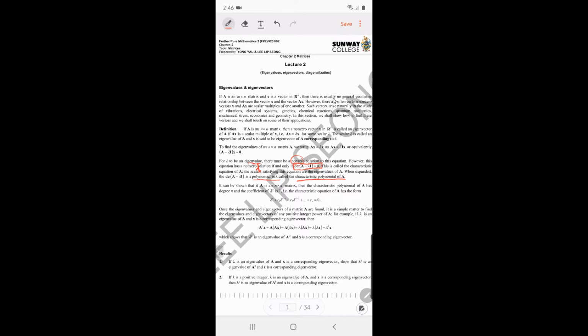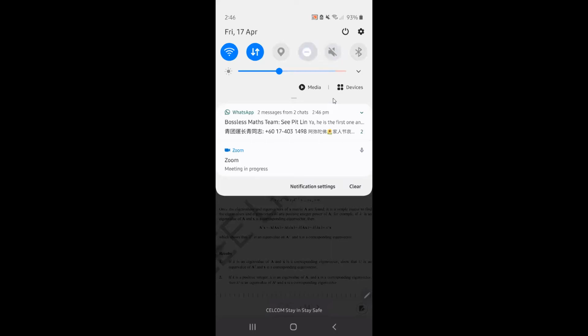In general, if I have an n by n matrix, the polynomial that I'm going to get is a polynomial of degree n. So now the next question is, how do I find the eigenvalues and also the eigenvectors using the characteristic equation? You must first find the characteristic equation.